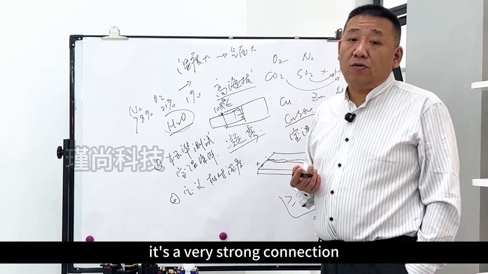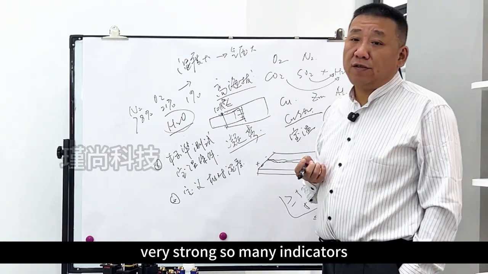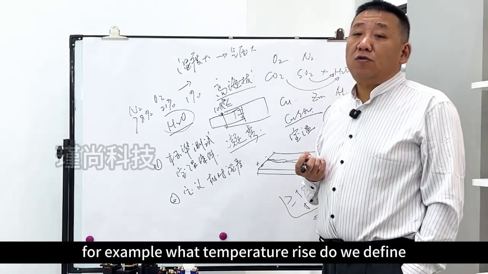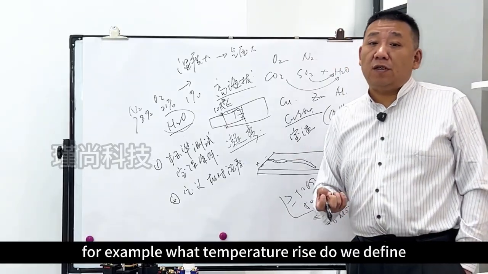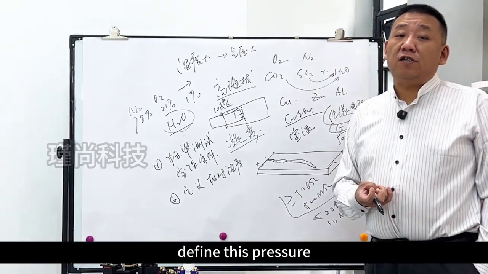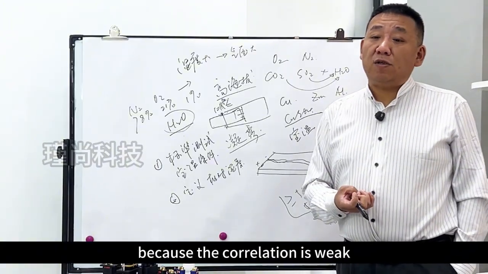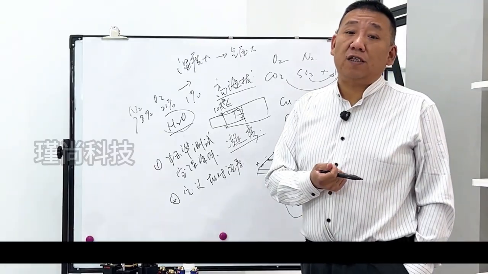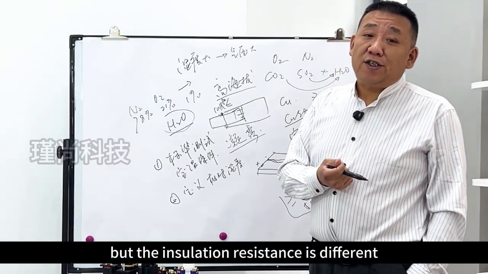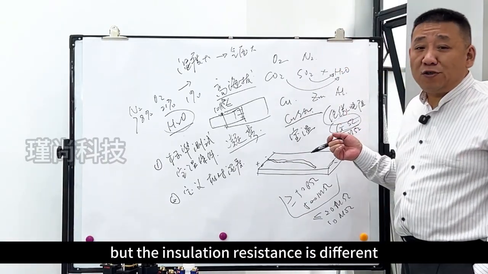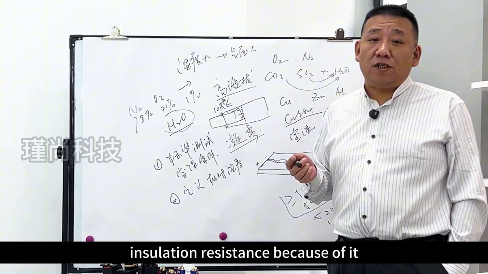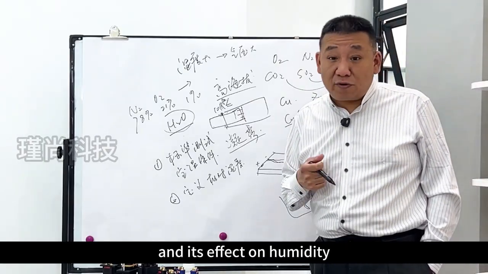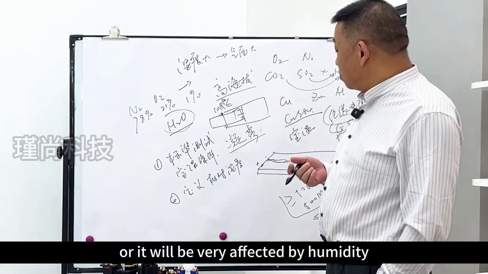It's a very strong connection. For many other indicators, for example, we define what temperature rise or what pressure, we have some preconditions. Because the correlation is weak, we rarely make it that clear, but insulation resistance is different. Insulation resistance is very affected by humidity.